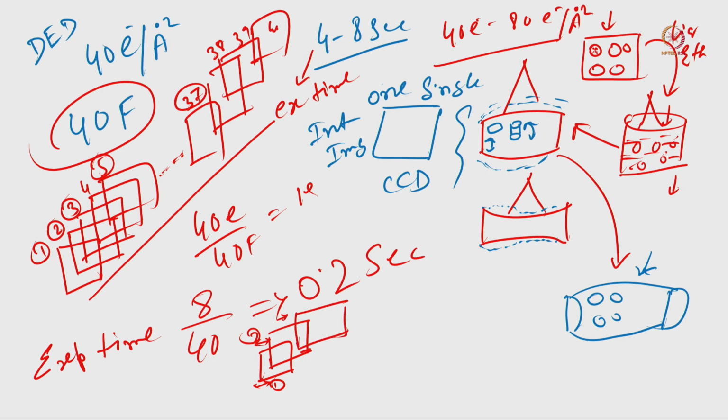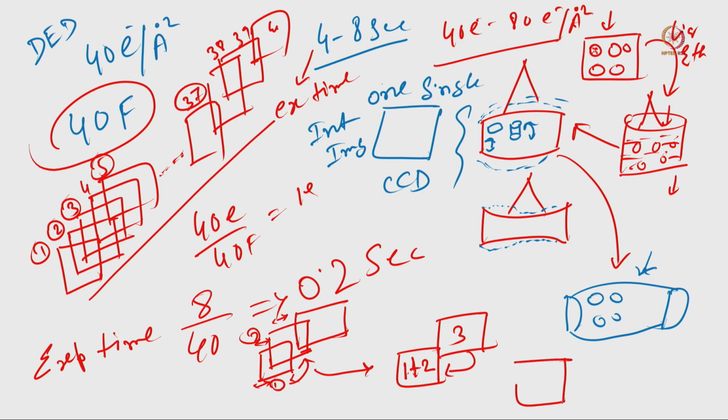So, this is the difference between the first, second, and third frames. Now, I first align 1 and 2 properly and get an integrated image, 1 plus 2. Then my third frame is somewhere here. I align the third frame with this one and get an integrated image, 1 plus 2 plus 3.